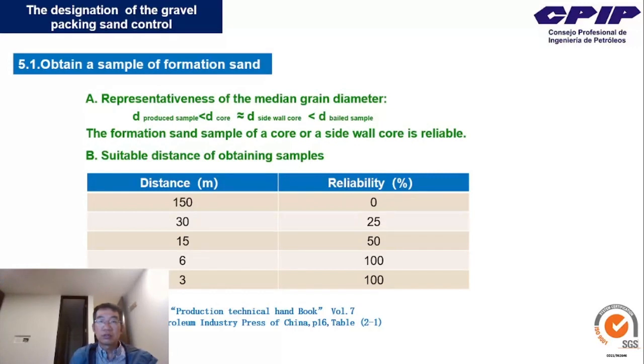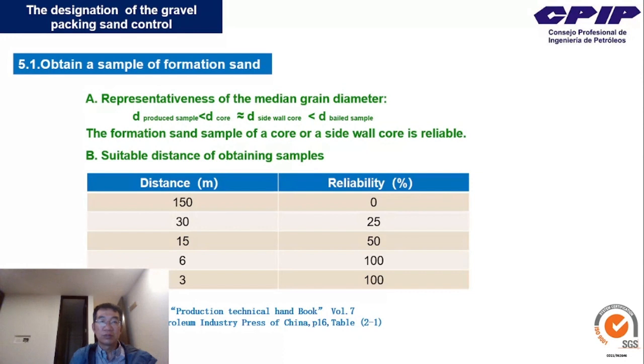The median grain diameter D is determined from the produced sample, below the core and equal to the sidewall core, and the produced sample is best. The formation sand sample of a core or sidewall core is reliable.